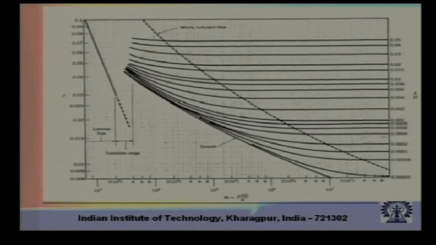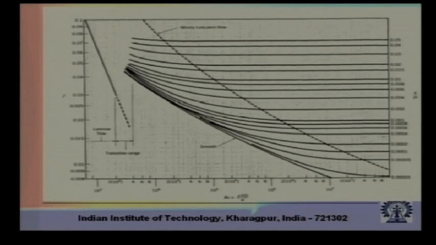That is the Reynolds number, and because it is the independent variable here, it is plotted on a logarithmic scale, because you want to cover a very wide range of Reynolds number in a single diagram. Only the log scale can compress it, from a very low Reynolds number to a very high Reynolds number.